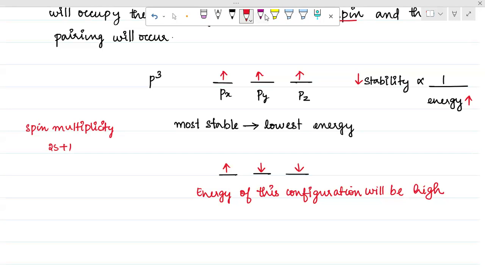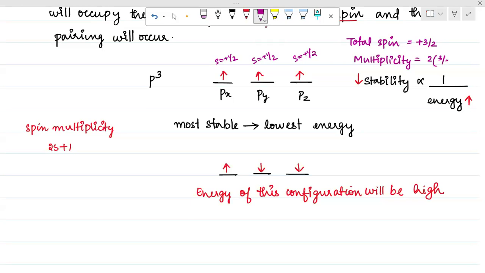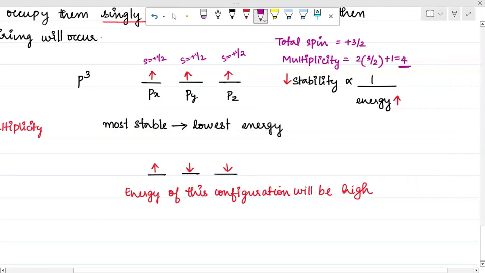For example, over here, this has got plus half, plus half, plus half. So the total spin is plus 3 by 2, and the spin multiplicity is 2s plus 1, which is 2 into 3 by 2 plus 1, which is equal to 4.